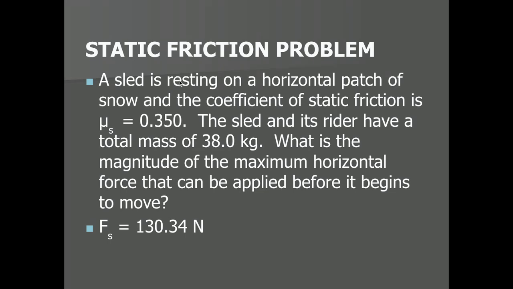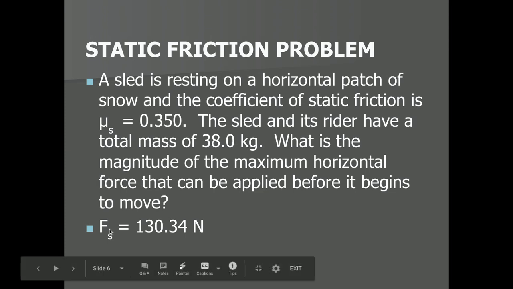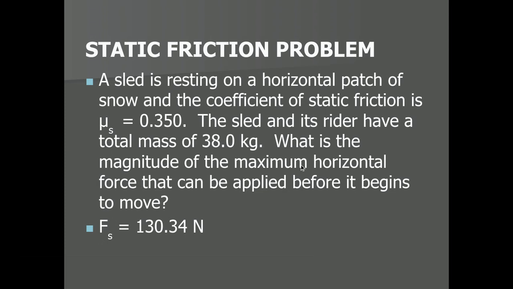You can see on this one it's resting on a horizontal patch. As long as it doesn't have an angle, which is what we're going to learn first, we can solve for either the coefficient of friction, which is, remember, the mu, or the frictional force, whichever that might be, static or kinetic.